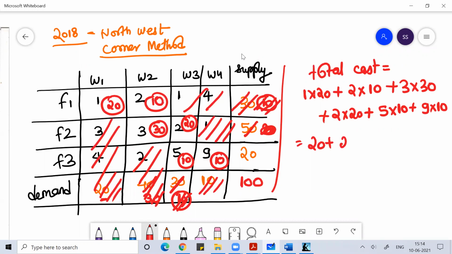This is 20 plus 20 plus 90 plus 40 plus 50 plus 90, so 310 rupees.